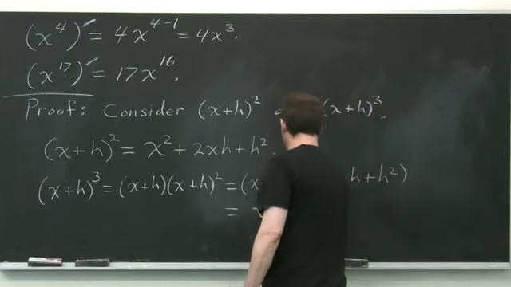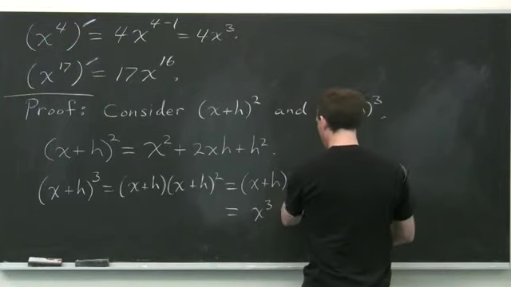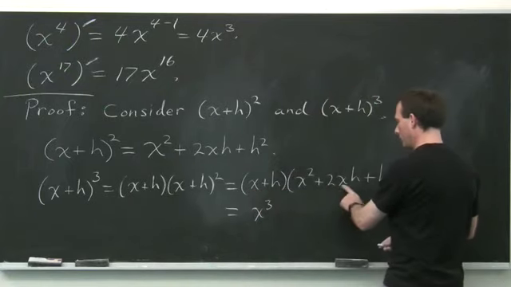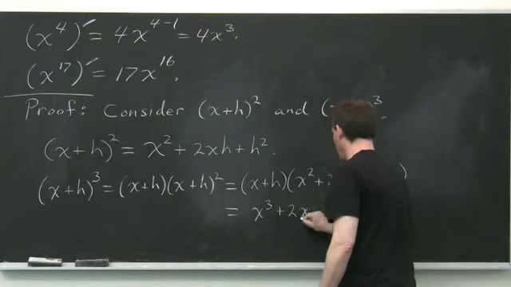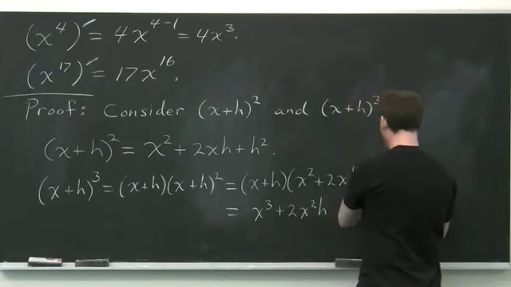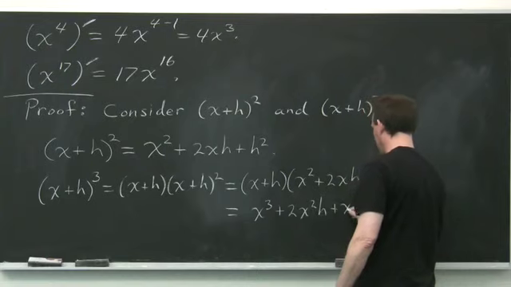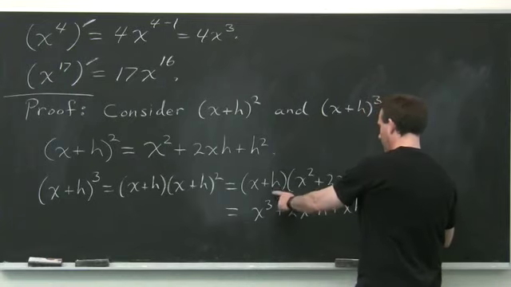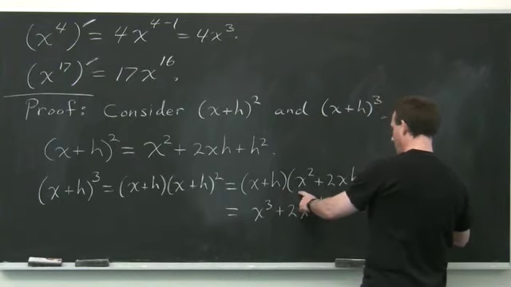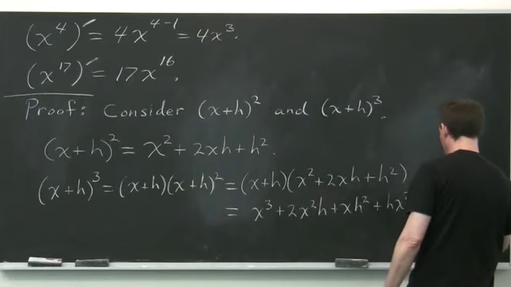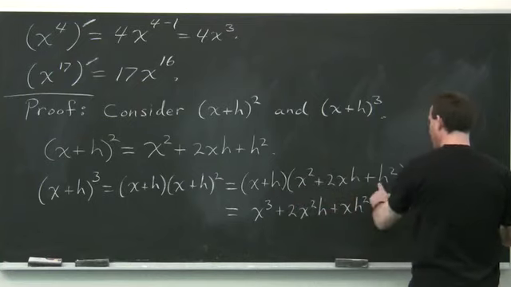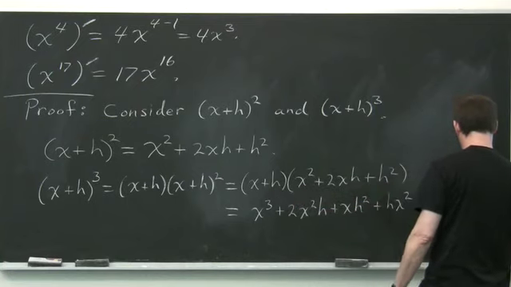That's x cubed, so x times x squared, plus x times 2xh, so we get plus a 2x squared h, plus x times h squared, plus h times x squared, plus h times 2xh, so plus 2xh squared, and then plus h times h squared, so plus an h cubed.